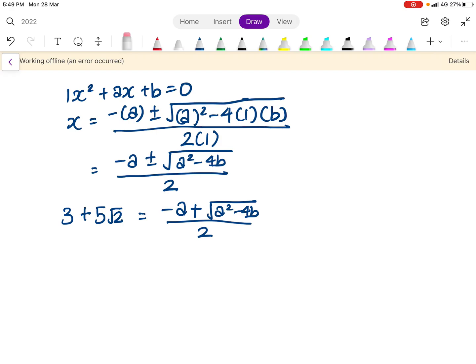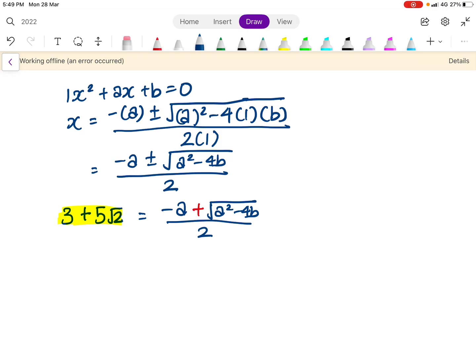Minus or plus? It cannot be minus. It must be a plus. Why? Because if it's minus, negative a minus another square root, the whole thing is confirmed negative. But on the left hand side, this is always positive. So definitely it should be a plus.